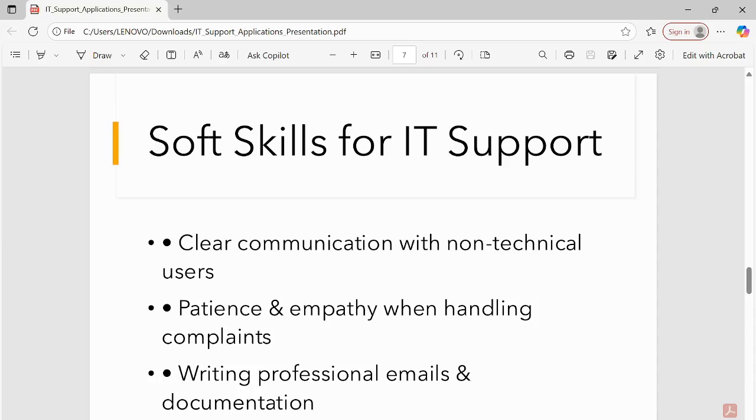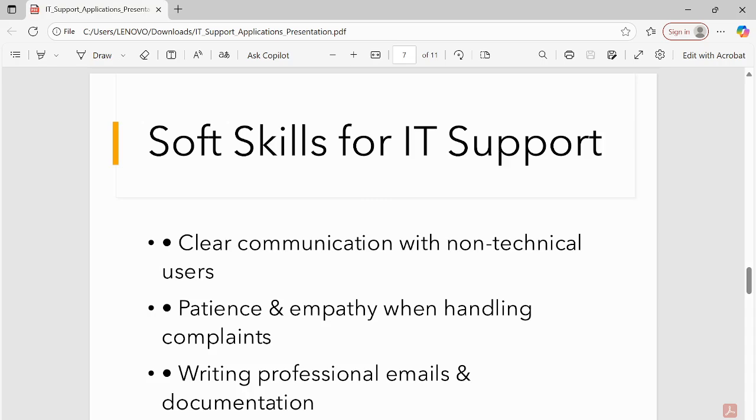So clear communication should be there with the users so that there is no conflict in the future and no difficulty for the user. This is the first priority. Keep in mind that each and every communication should be clear between you and the users.